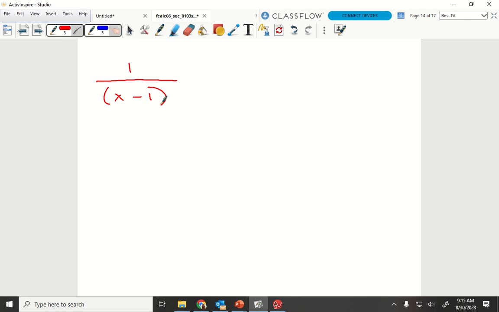Here's the other restriction that we're going to have a lot of. So right here, my denominator not equal 0.